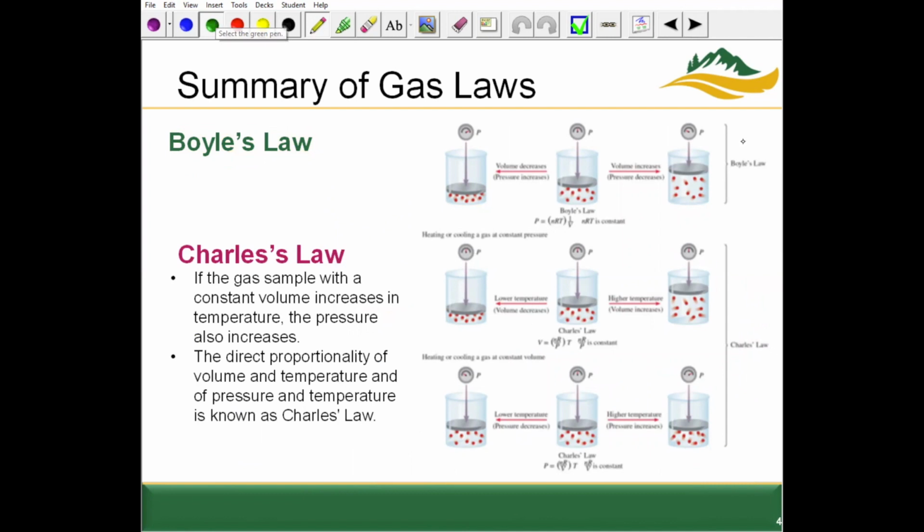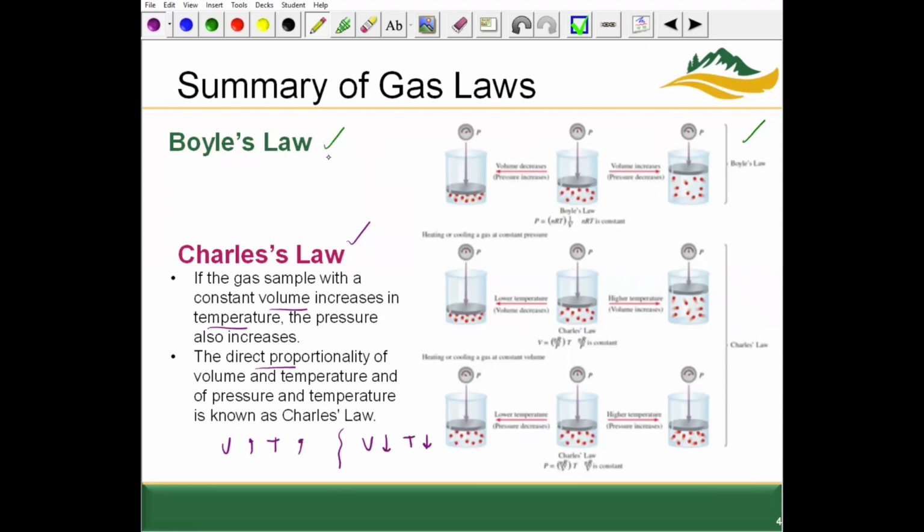So Boyle looked at pressure and volume. Next, in part 1, we also did cover Charles' law. The connection for Charles' law is he found a connection between the temperature and the volume. He found that these are directly proportional, directly related. As one goes up, the other must go up, and as one goes down, the other must go down as well.